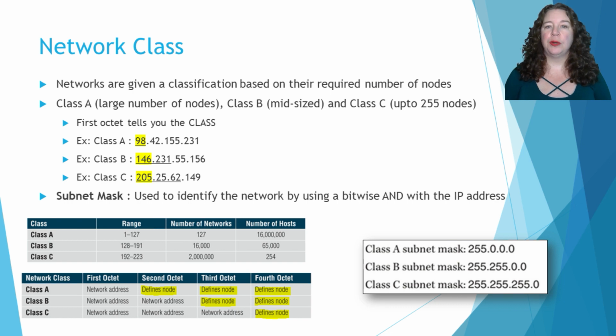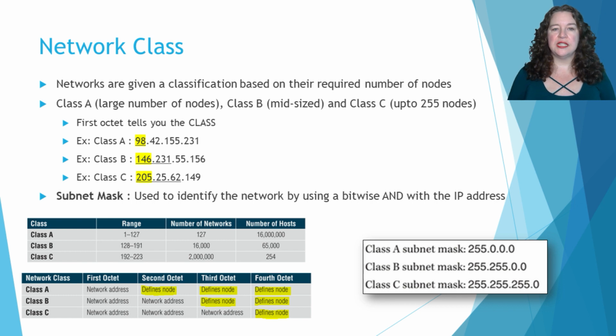First off, we have 3 different types of classes, class A, B, and C. Class A has the largest possible number of nodes, and class A always starts in that first octet between 0 and 127. 127, half of 256, so 0 to 127. It can have between 1 and 127 networks. There are possibly 127 Class A networks.